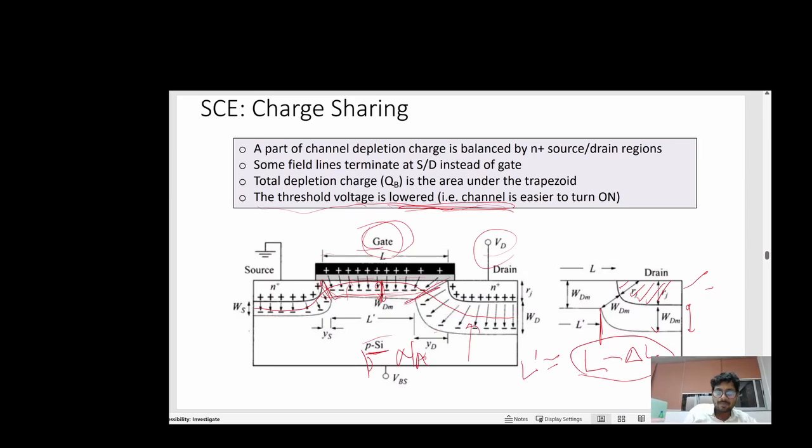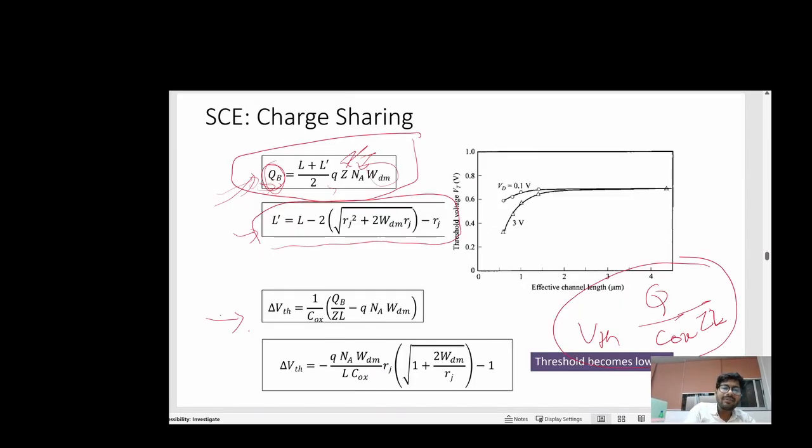Delta VTH is how much it is reduced. You can just learn this one. Put the value of QB; you have to find out the QB with this one.